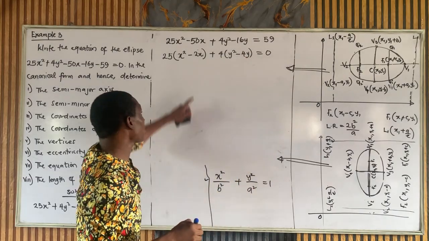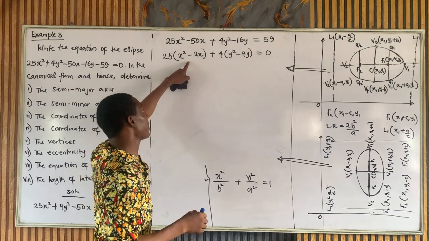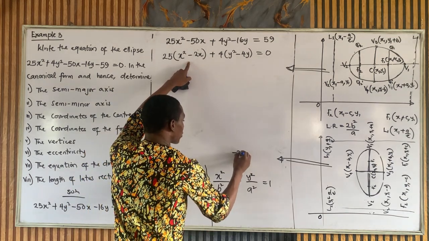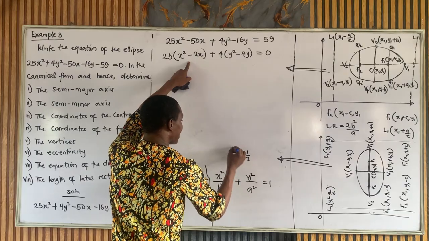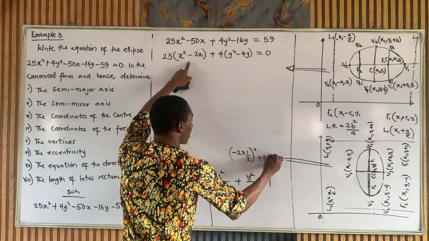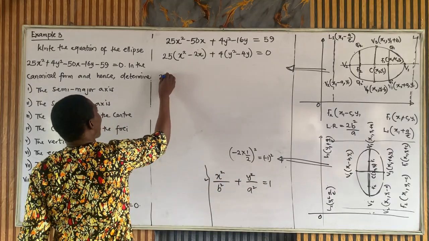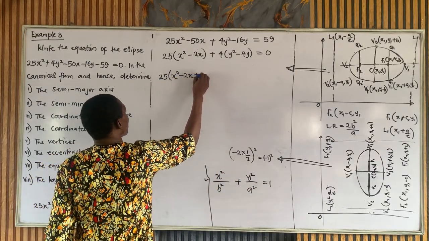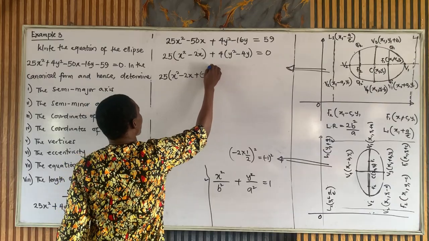Now, I'm going to be making this a perfect square. You know, that will be: add the square of half of the coefficient of x to both sides. So the coefficient of x is minus 2. Half of it is minus 1, then square. That will simply be minus 1 squared. And that will be 25 into x squared minus 2x plus minus 1 squared.